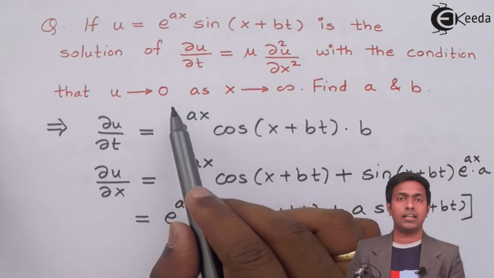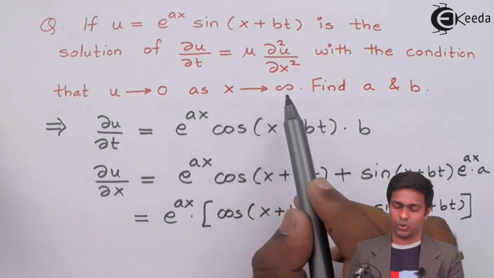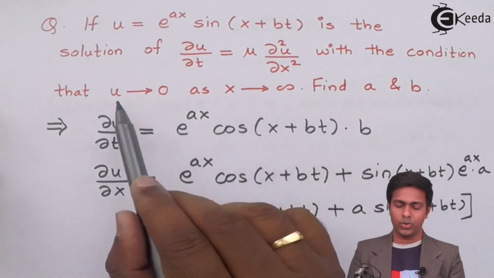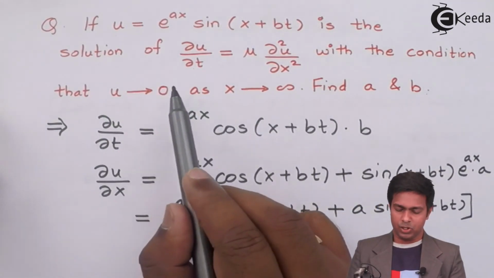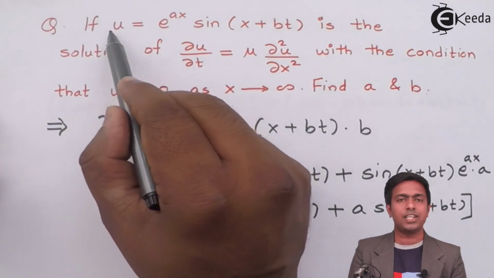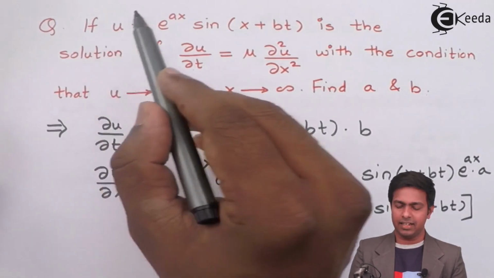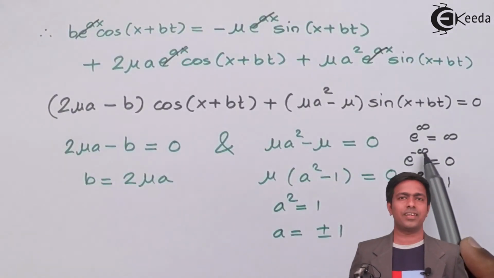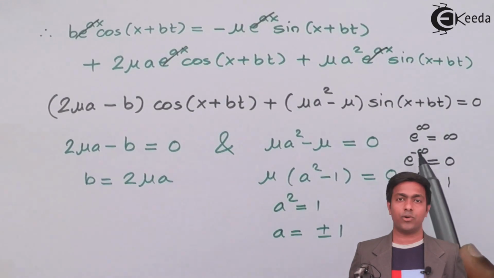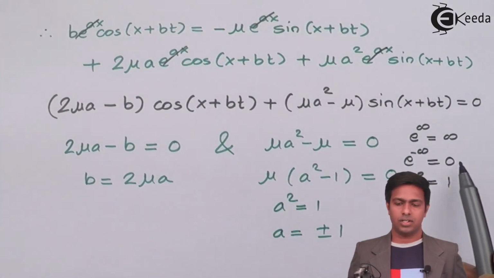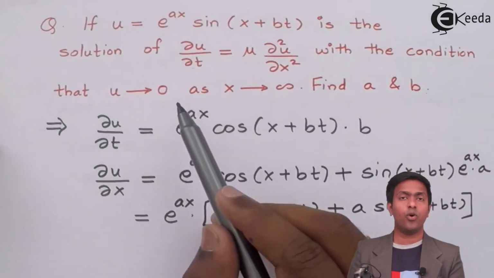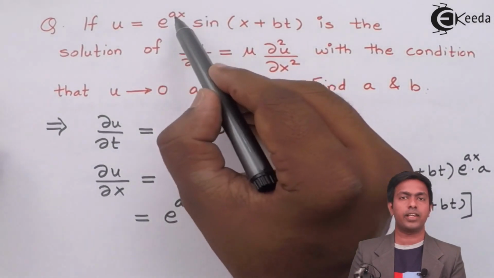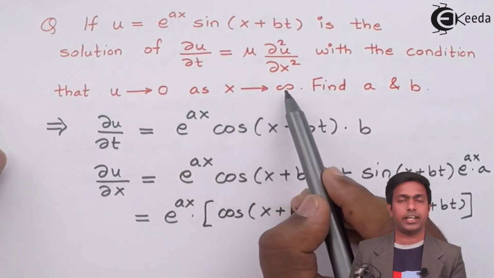So if you see these formulae, now come here. Here it is given that x tends to infinity, then u tends to 0. So if we want u as 0, then this power of e must be negative infinity, because if it is negative infinity, then only we will get answer as 0. So guys, here if I want to get this power as negative infinity, the value of x tends to infinity.